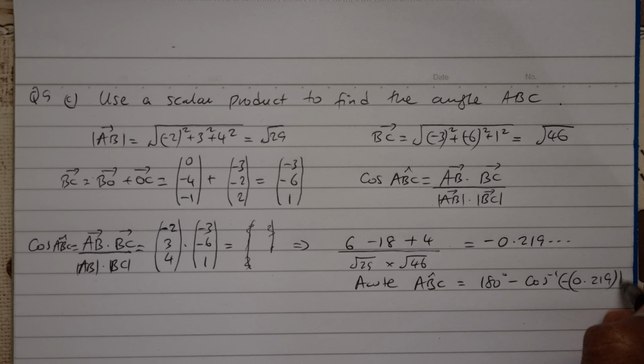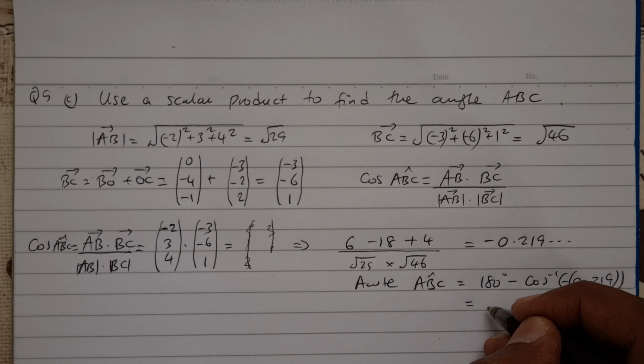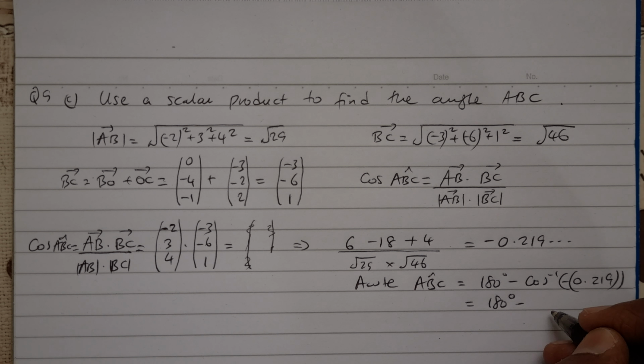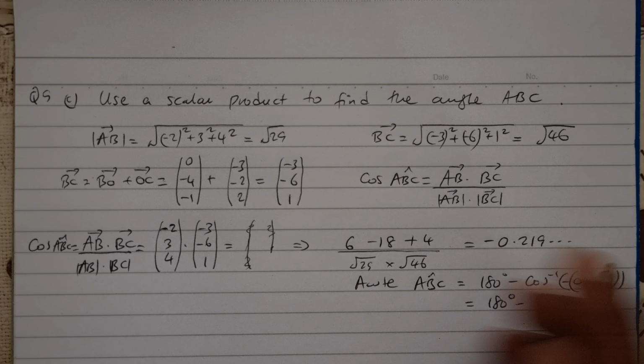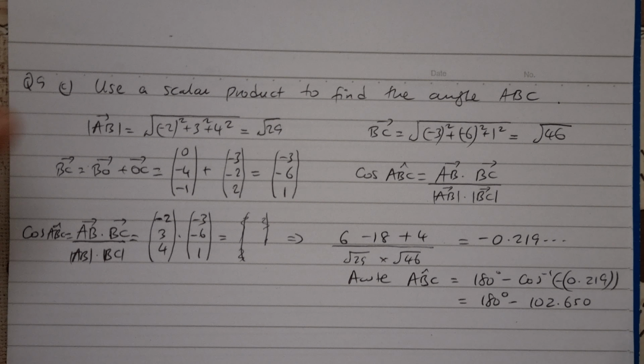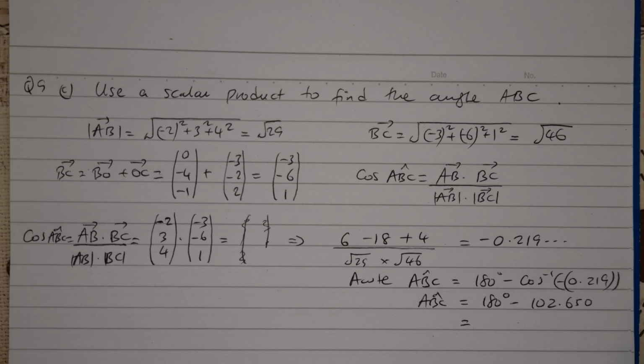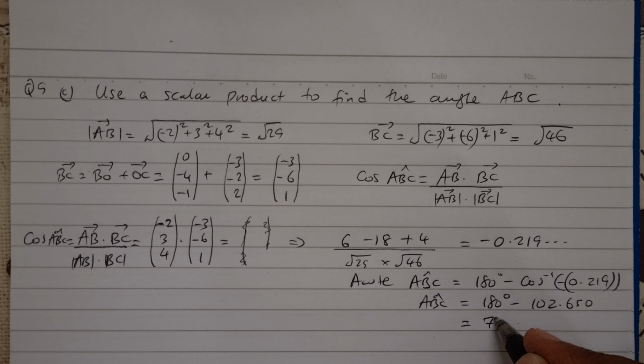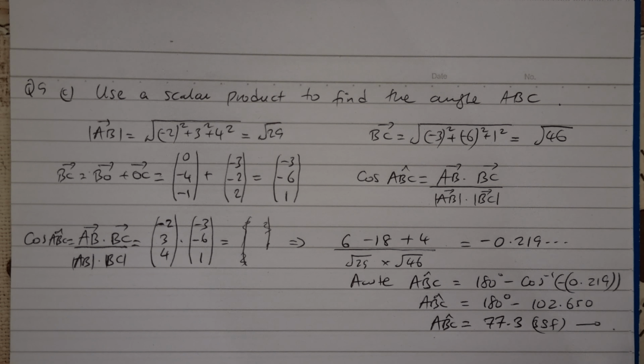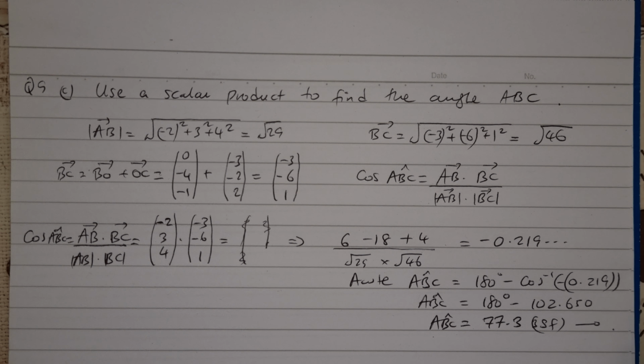Doing this in a calculator, cos inverse gives 102.650. So I have my angle ABC to 3 significant figures equal to 77.3. So here we are. That's question number 9 on vectors. Take care.